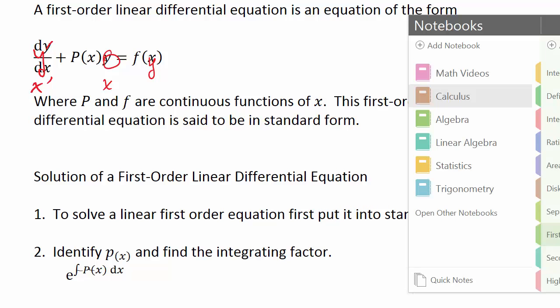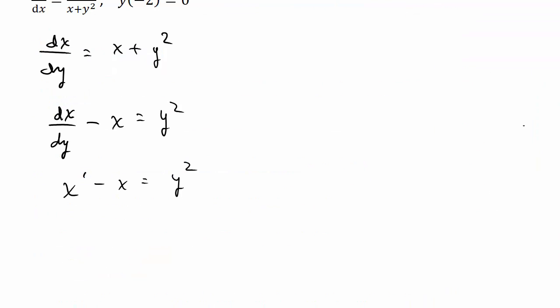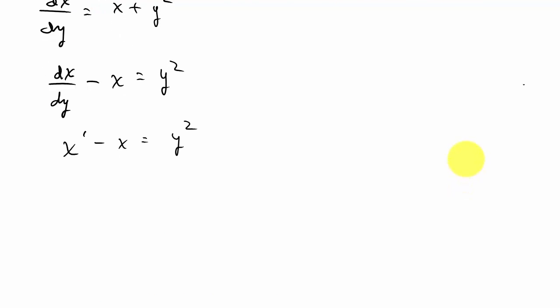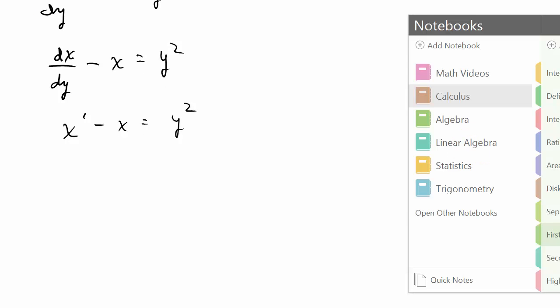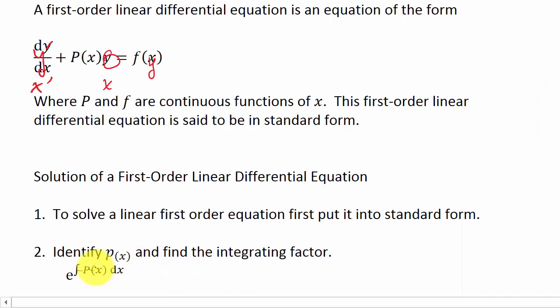So let's go ahead and get the integrating factor. If we look back over here, our integrating factor is e raised to the integral of p of x dx. So that's e raised to the integral of whatever we have in front of x.